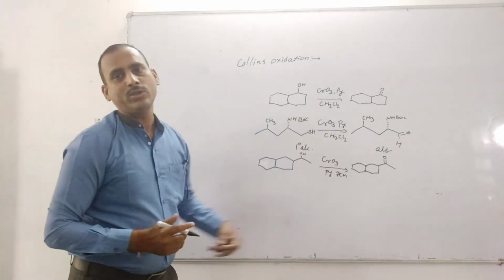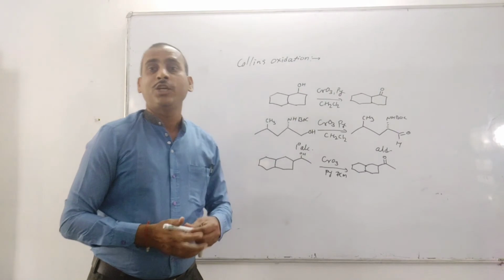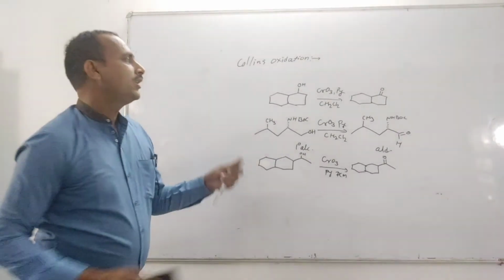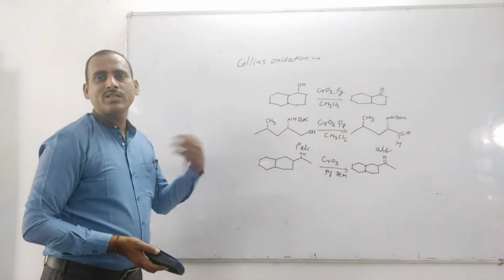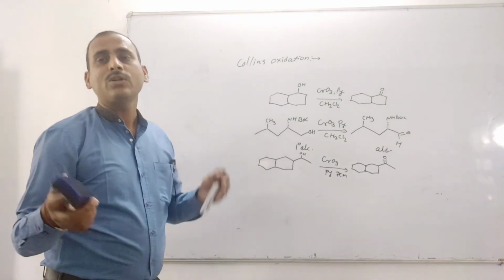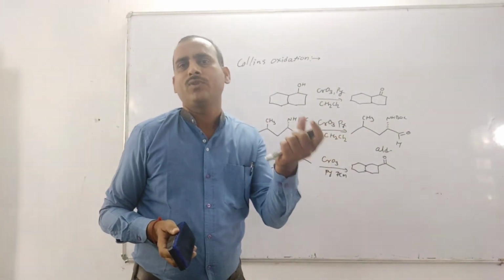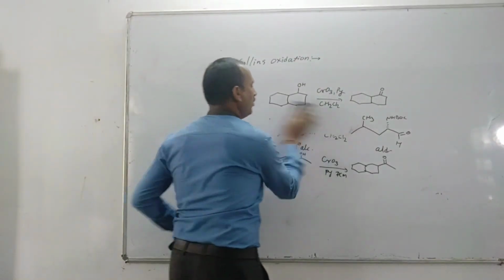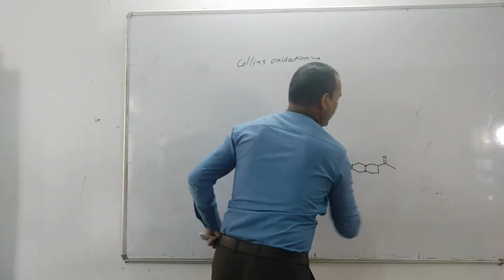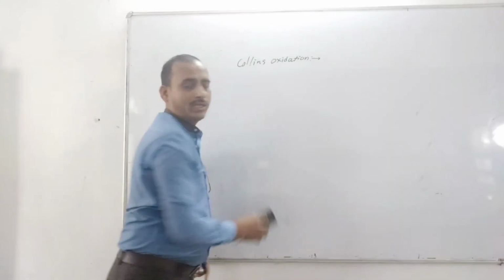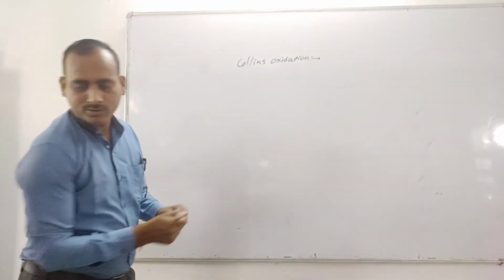Means again secondary alcohol is oxidized to ketone. Okay. Now this Collins oxidizing agent also oxidizes allylic carbon to carbonyl compound. Let's see the examples of allylic oxidation.